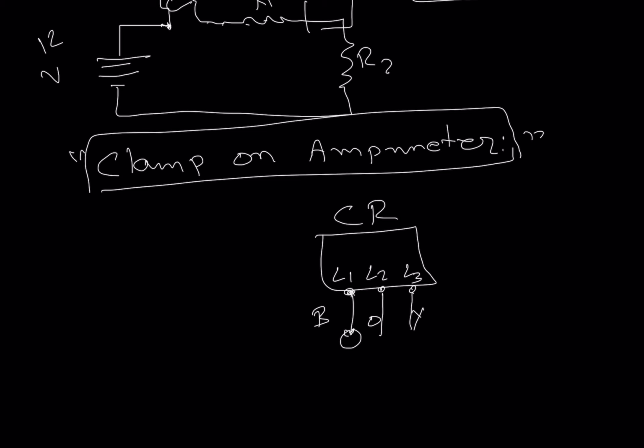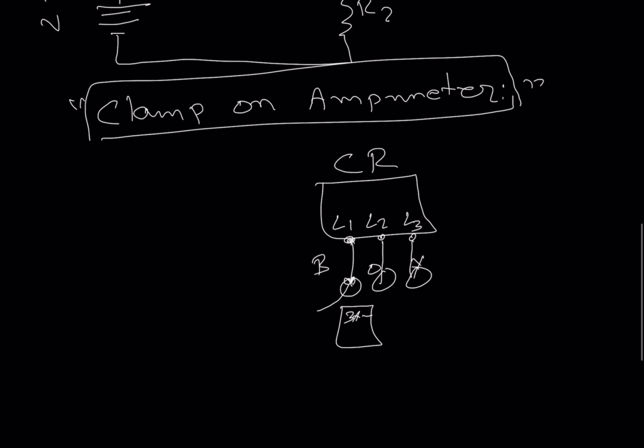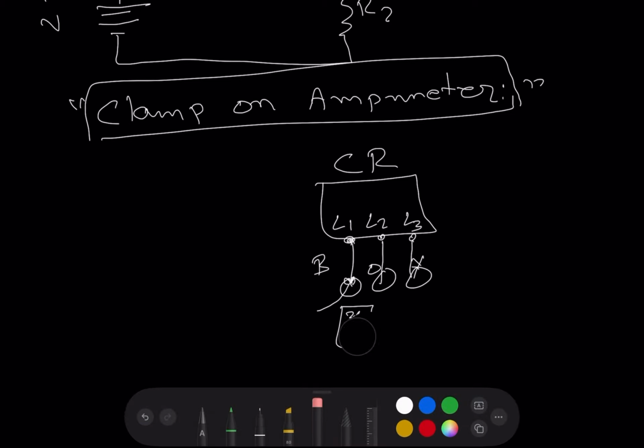I can't draw, I'm not very good at drawing. So clamp on meter on this wire, and whatever amperage it is reading, it will tell you in the meter right here. For example, it's 3 amps. And you do the same thing with this one too. So that's how we check the amperage on a circuit.